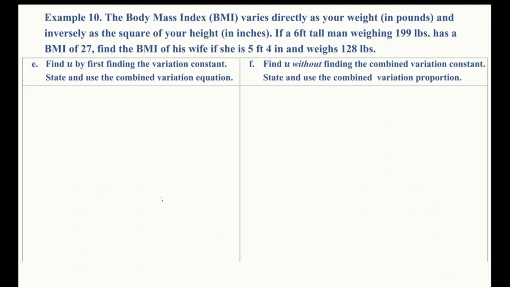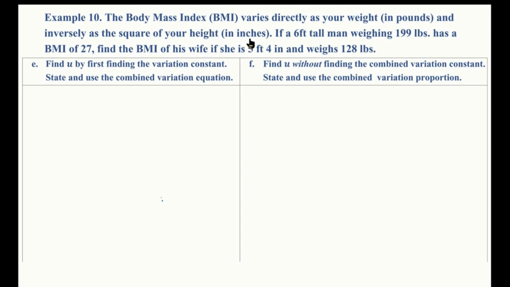Here's our last example, which is a great example of combined variation. I'm sure you've heard of the BMI, the body mass index. It actually varies directly as your weight and inversely as the square of your height. But for it to work, your weight needs to be given in pounds and your height needs to be given in inches.